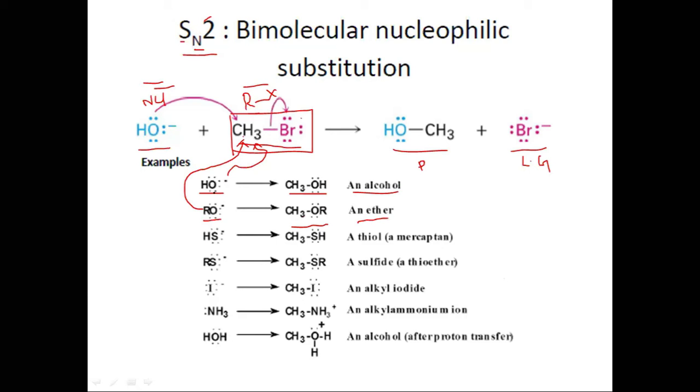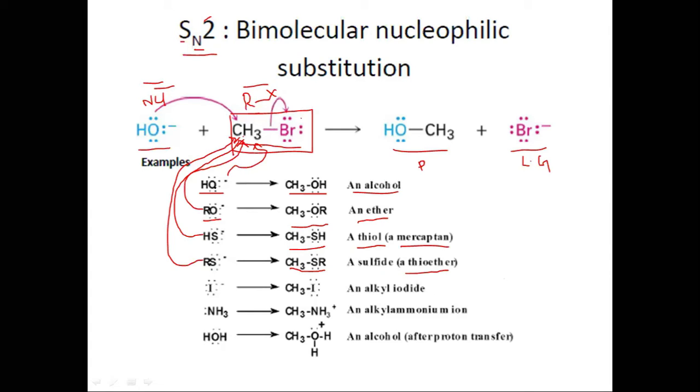Then instead of using either of these two nucleophiles, suppose you are using HS minus as a nucleophile, and it attacks the same substrate CH3Br, then you will get CH3SH, a thiol, or you can call it a mercaptan. Instead of HS minus, suppose you are using RS minus as a nucleophile, then it attacks the carbon carrying the leaving group, and the product formed will be CH3SR, a sulfide or thioether.